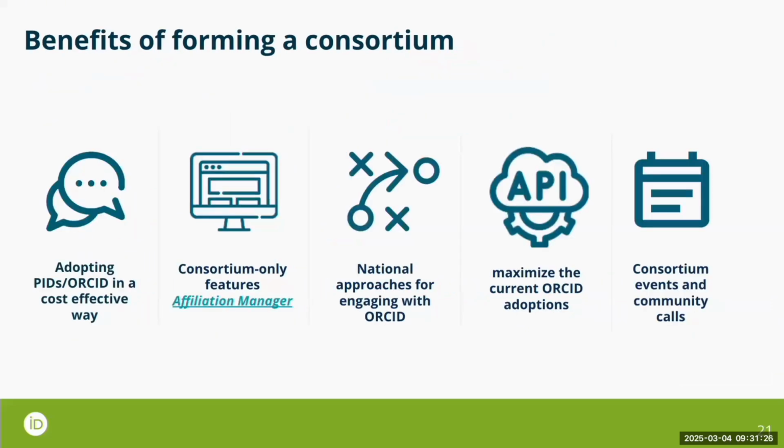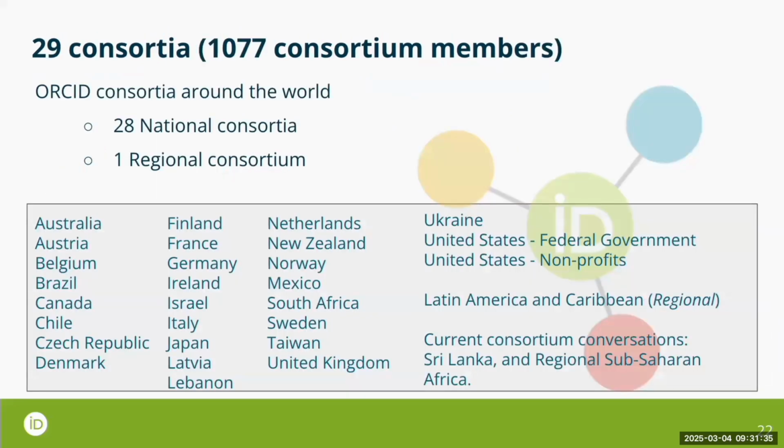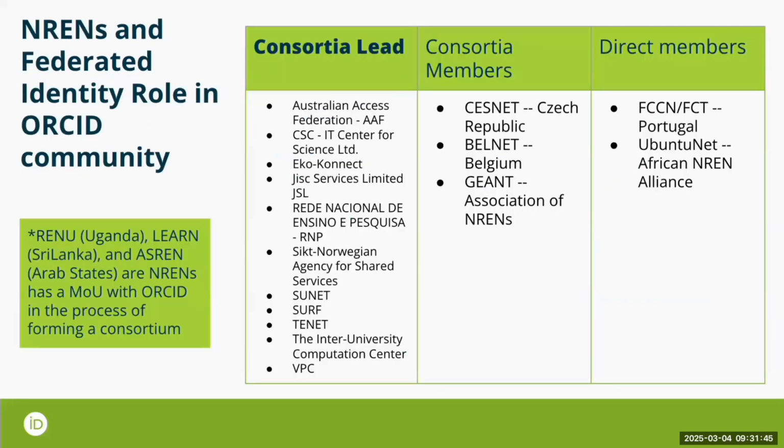As Dalia mentioned, I'm going to skip this part. Basically, it's really about driving the national strategy to ensure NRENs can add more services. And now we have 29 consortia. Actually, there's also one in Japan. It's just not led by a federated identity organization in that case. But we do have several other good cases for NRENs or federated identity in the ORCID community.